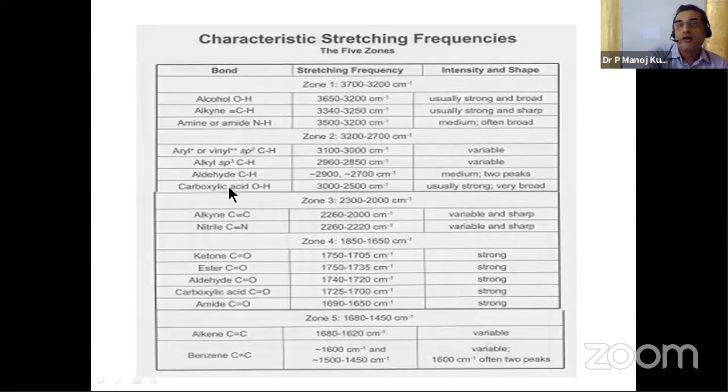Obscuring all this, you will have the carboxylic acid OH between 2500 and 3000. Zone 3 has relatively few bands, C triple bond C and C triple bond N. Zone 4 gives ketonic, ester and all the carbonyl functional groups. Zone 5 gives multiple bands from C double bond C stretching and bending vibrations.